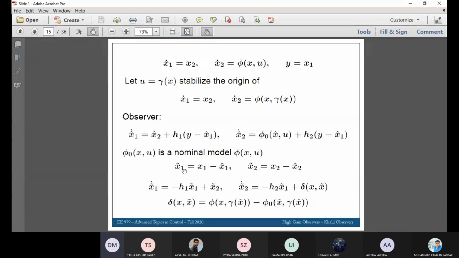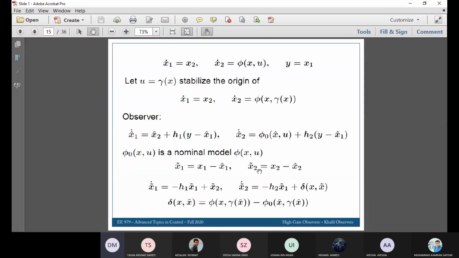Now we define the estimation error. x1 tilde is the difference between the estimated value and the actual value of x1. Similarly, x2 tilde is defined as the difference between the estimated value of x2 and the actual value. And if I just go ahead and take the derivative of these equations, since I already have x1 dot available, and x1 hat dot is the observer first equation, x2 hat dot is the second equation.